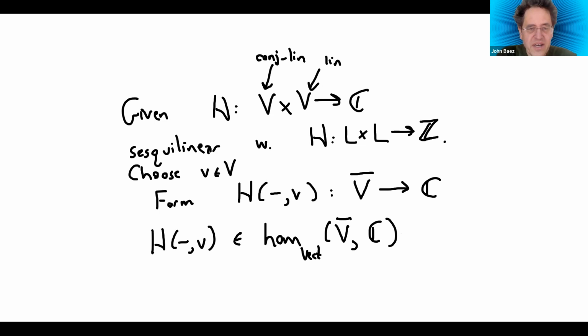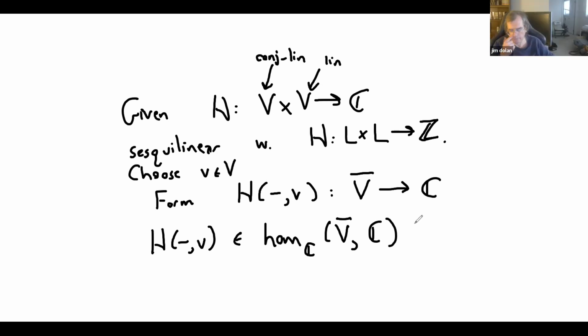Oh, I shouldn't say vector because we have real and complex vector spaces running around. So let me just say, I don't know if ring theorists say something like this, this means Hom of C-modules or something like that. I'm sure somebody says it.